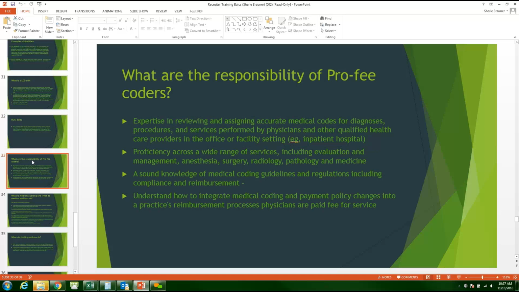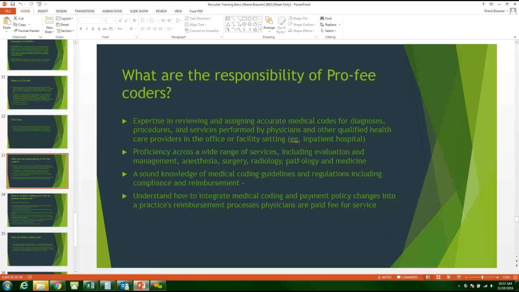Slide number 33, what are the responsibilities of pro fee coders? Expertise in reviewing and assigning accurate medical codes for diagnosis, procedures, and services performed by physicians and other qualified healthcare providers in the office or facility setting.